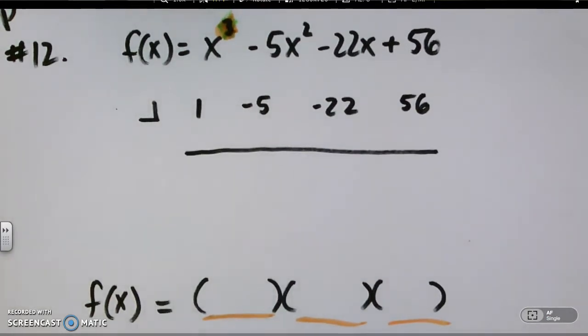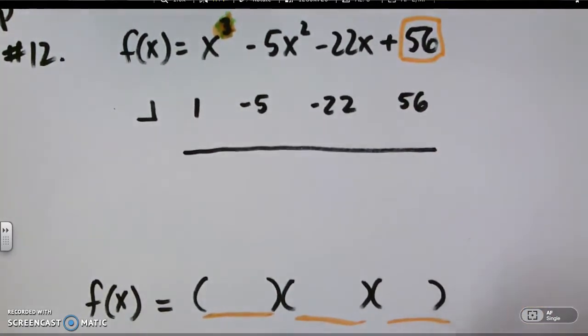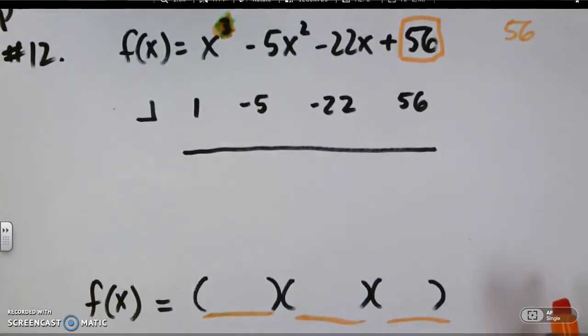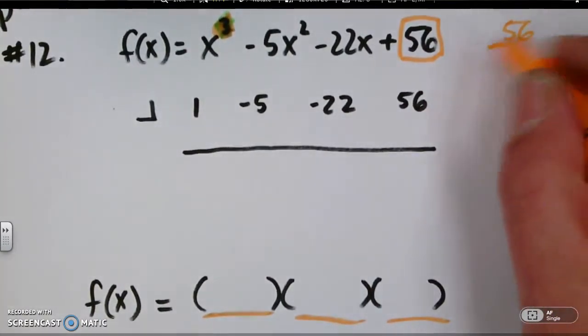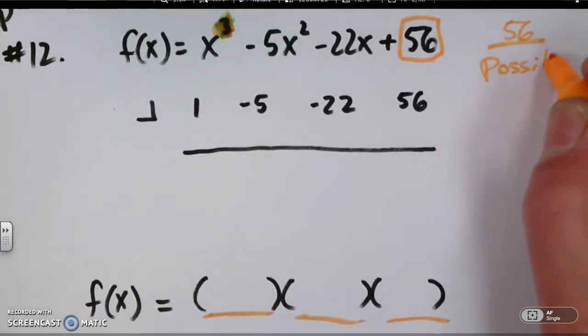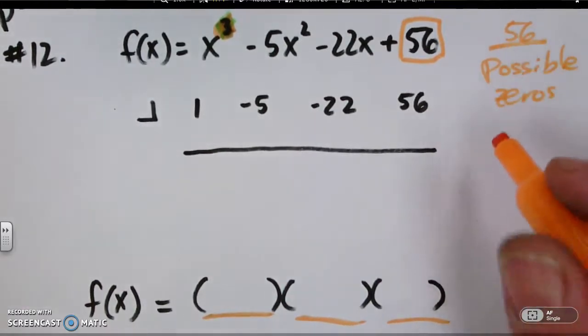That's where we need what's called the rational zero theorem. What it says is, if you look at 56, and this makes sense, 56 is going to come out of these three factors. So the only numbers that work must be factors of 56. Those are what we call the possible zeros, and they're any number that divides into 56.